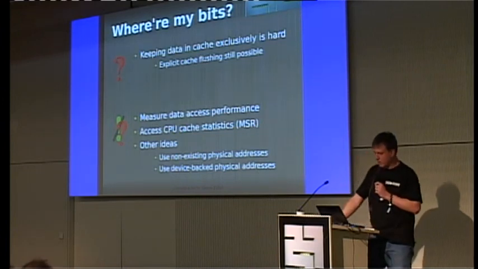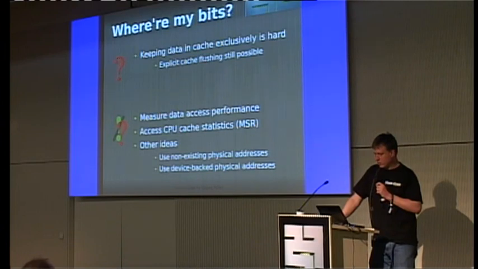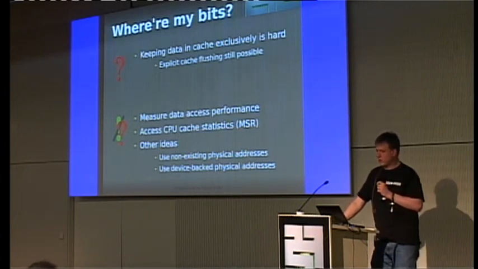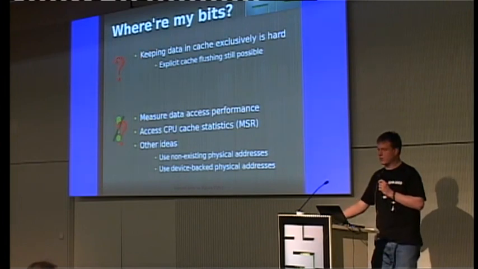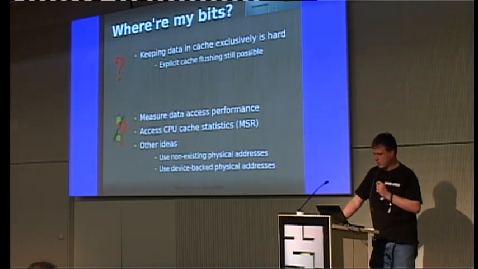Obviously, that's a problem, and one way to determine this is to access the CPU cache statistics, a special register that CPUs provide, where you can get the information: how many cache flushes have occurred since the last time these counters were reset, or just take the difference from the last time you measured.